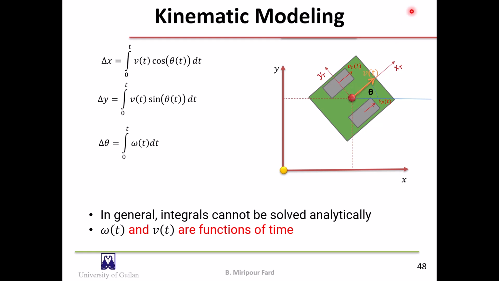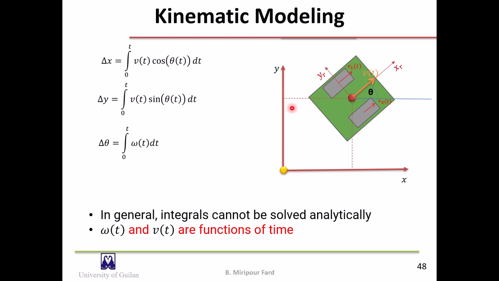We denote the body coordinate with XR and YR. In these equations, the pose of the robot is expressed in the inertial coordinate system. Vt is the velocity of the reference point, and it is along the heading angle.